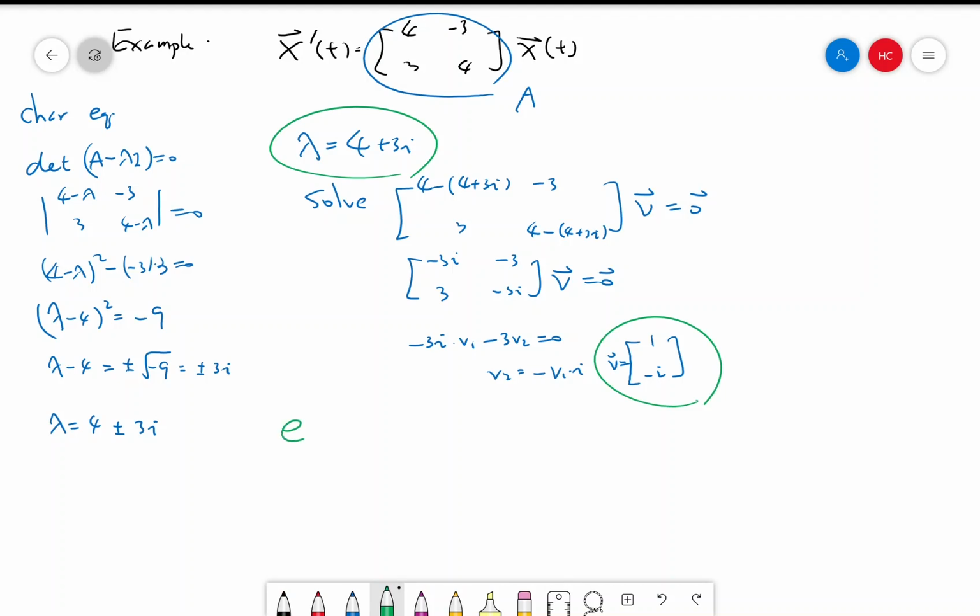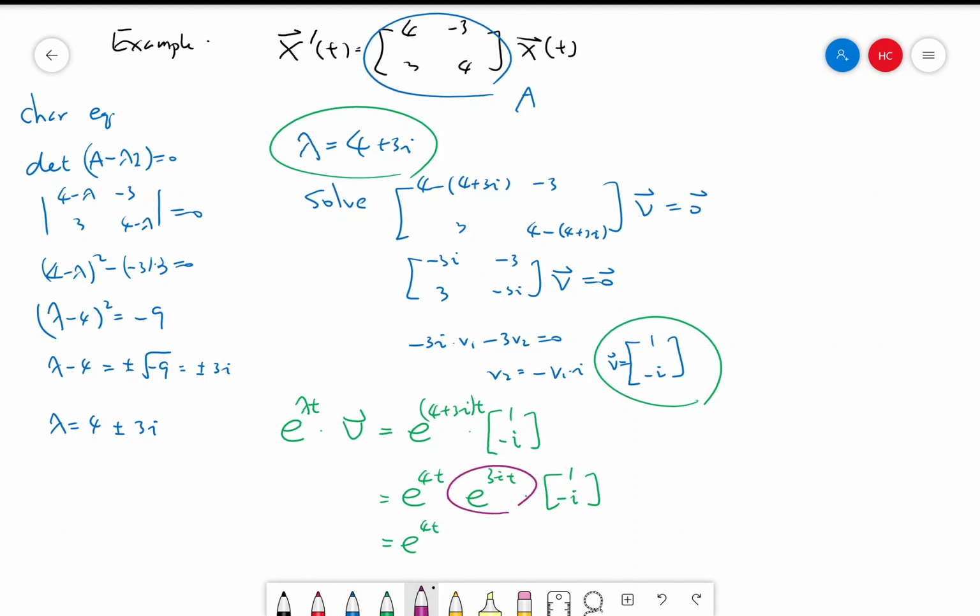So now we calculate this vector function e to the lambda t times v. So this is equal to e to the (4 plus 3i)t times the vector 1, negative i. So this is e to the 4t times e to the 3it times 1, negative i. Recall Euler's formula, e to the 3it is cosine 3t plus i sine 3t.